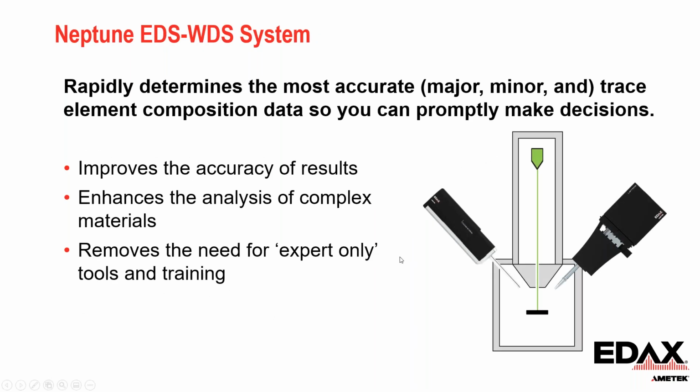Our Neptune EDS WDS system rapidly determines major, minor, and trace element compositions and gives you the most accurate results. So this combined system improves the accuracy of your results, enhances the analysis of complex materials, and removes the need for expert-only tools and training.